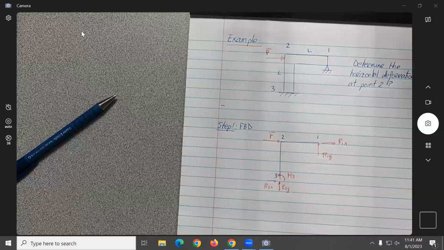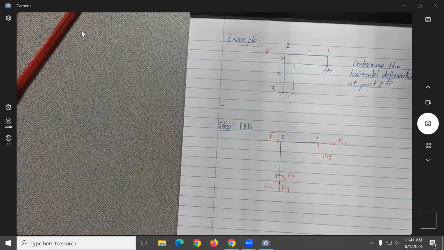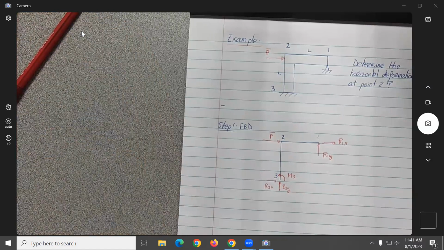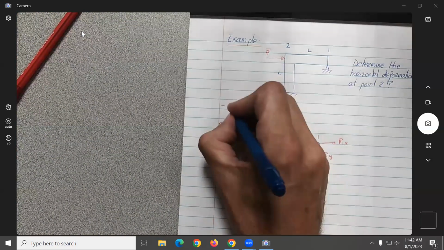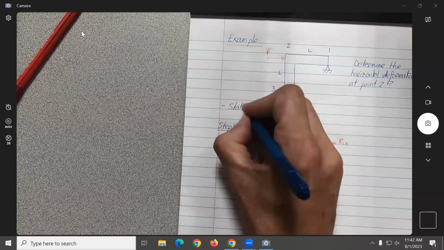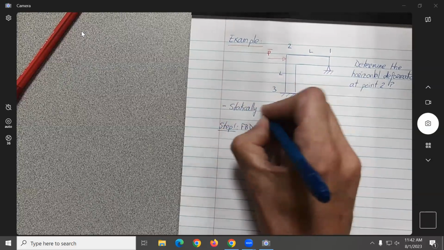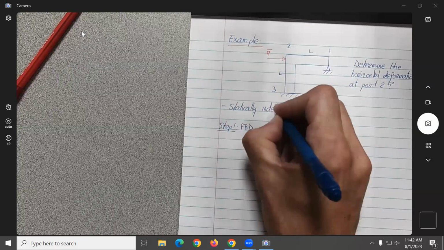So how many unknowns do we have in the reactions? Just a matter of counting. How many? 5. How many equations of equilibrium can you get in the problem? 3. So then this problem is what? Indeterminate.